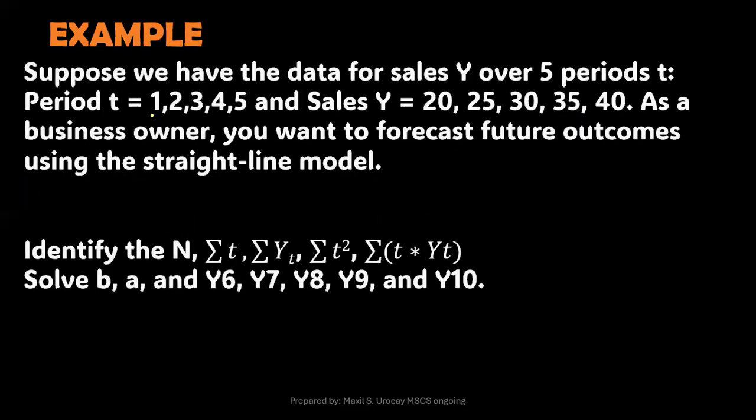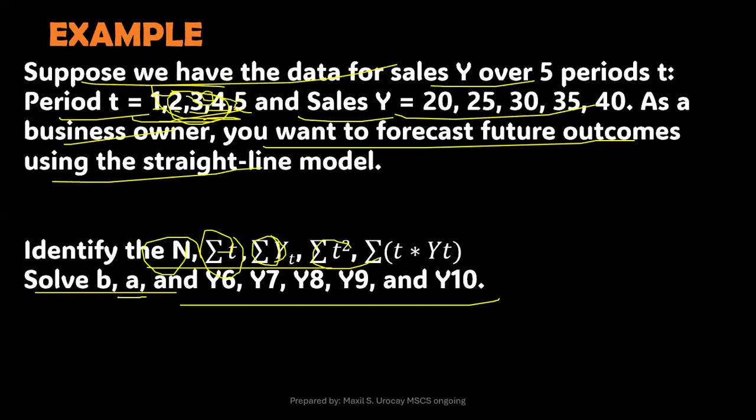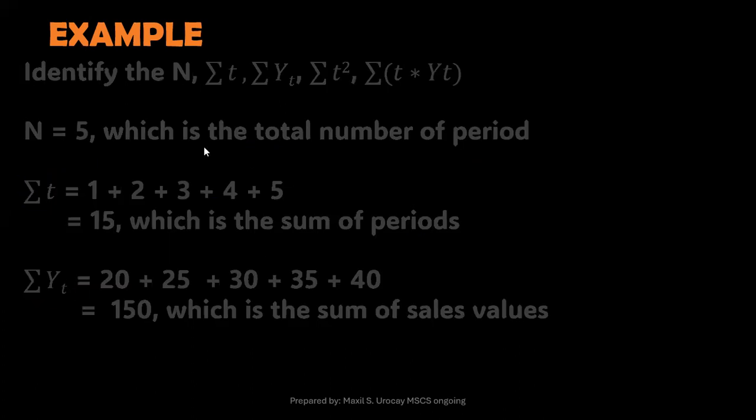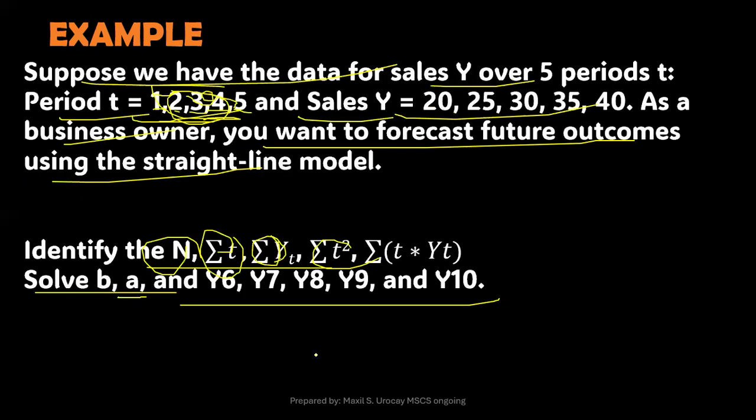When we say summation of t, that is 1 plus 2 plus 3 plus 4 plus 5, which is 15, the sum of the periods. Now the summation of yt. Why is it summation of yt? Because 20 signifies t1, 25 is t2, t3 is 30. That's why it's the summation of yt.